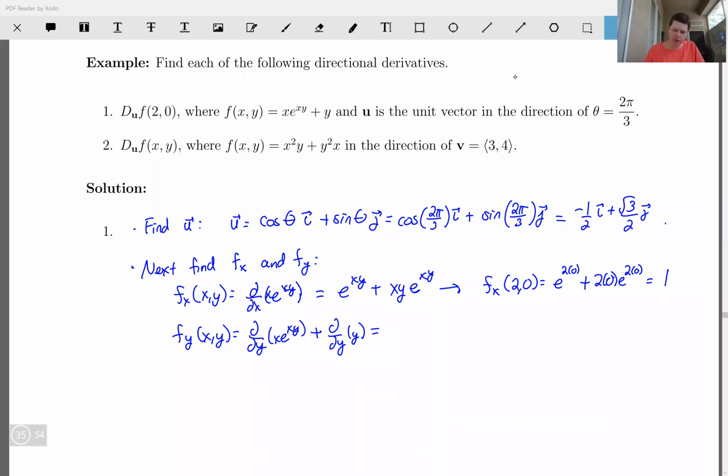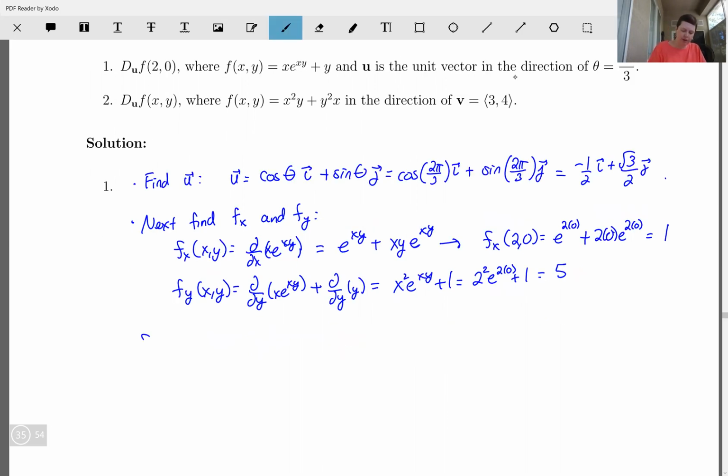And what is that going to give me? Let's see. Now I'm going to get x squared e to the xy plus 1. So I get 2 squared e to the 2 times 0 plus 1, which is 5. There we go. All right, so now we're done, right? Just plug in the formula.